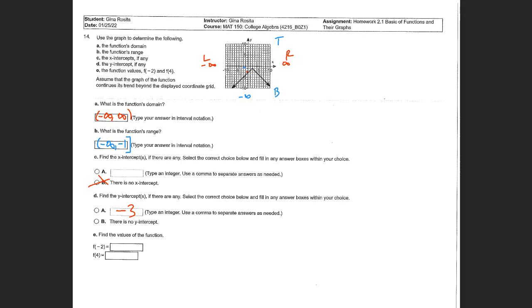So now f of negative 2. On your homework, you have to make it bigger so we can see. Look at x equal negative 2. So for f of negative 2, look at x equal negative 2.